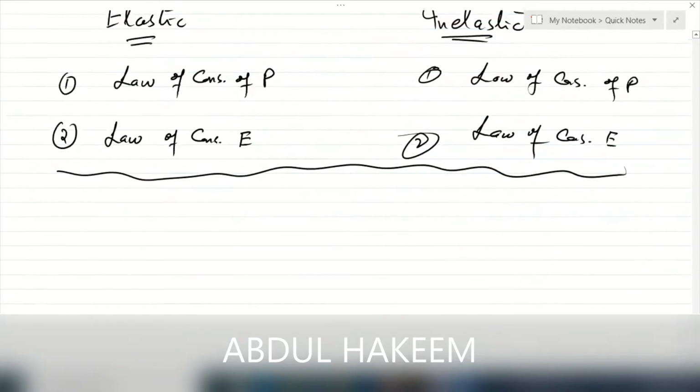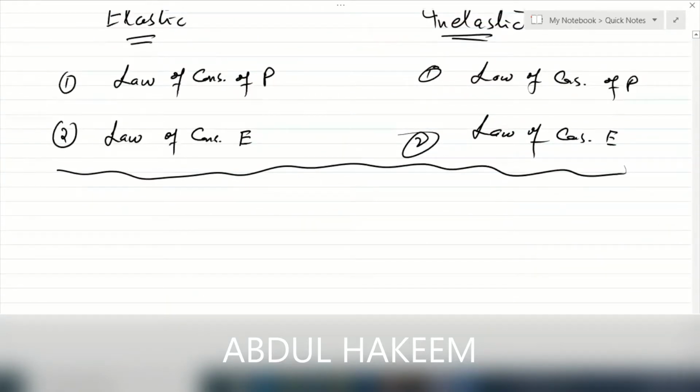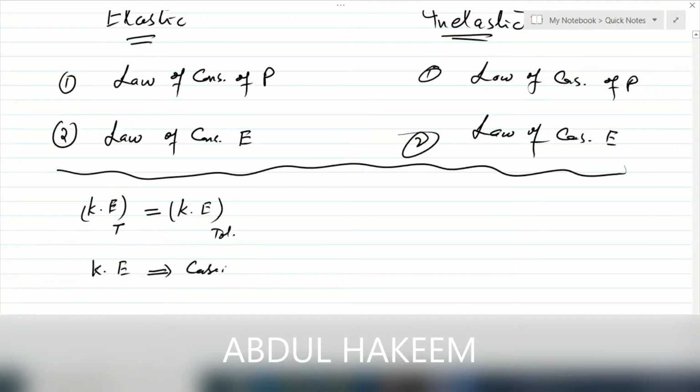Now the difference. In perfectly elastic collision, total kinetic energy before collision is exactly equal to the kinetic energy after collision. Meaning kinetic energy in elastic collision is conserved.